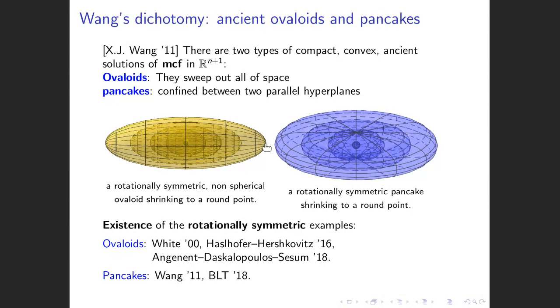How does that point grow? This actually was very crucial for their uniqueness theorem, which I'll mention in a second.